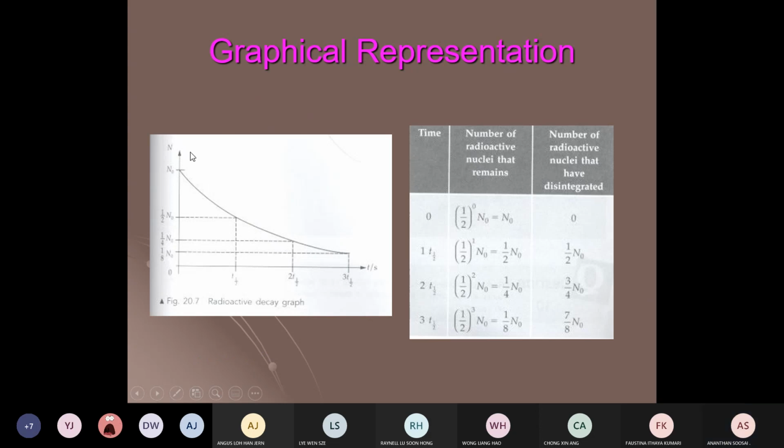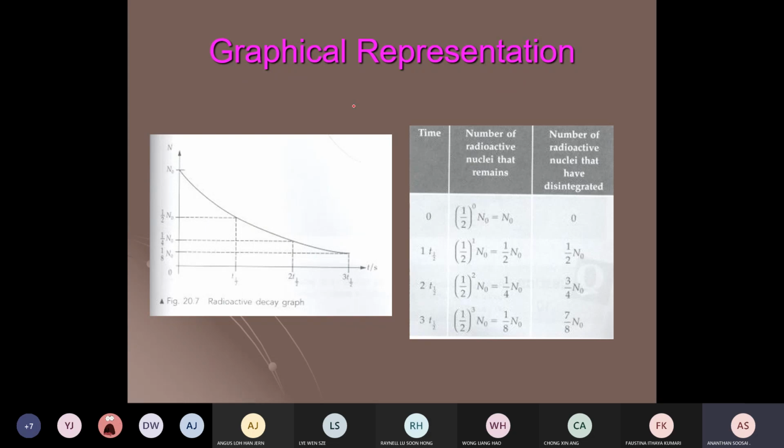So I believe you learned this formula for half-life. For the first half-life, n naught becomes half n naught, the second half-life becomes quarter n naught, and so on. Every half-life, the n naught is reduced by half, correct? So this n is the radioactive substance which still remains.